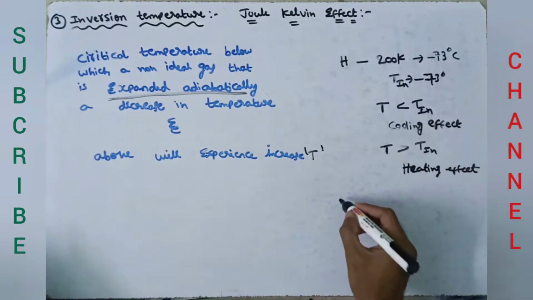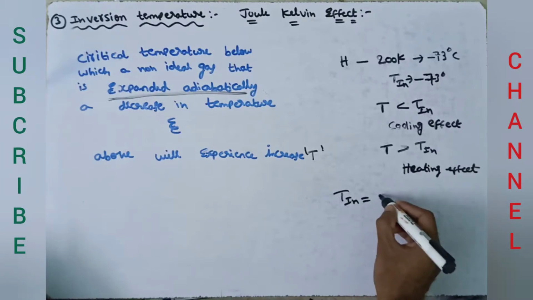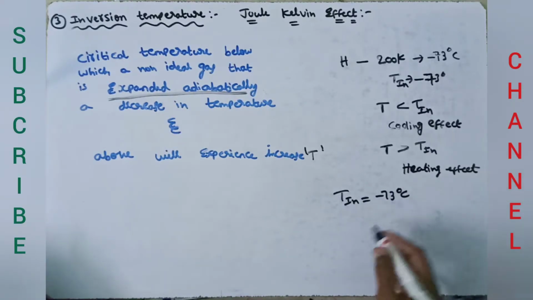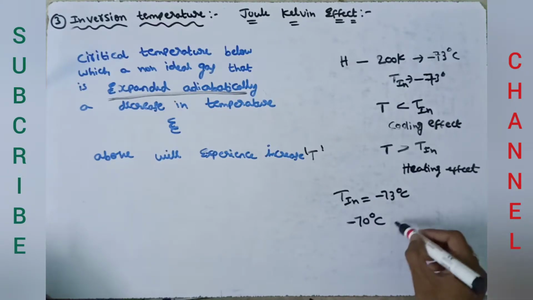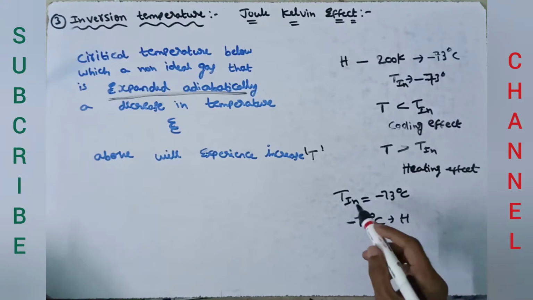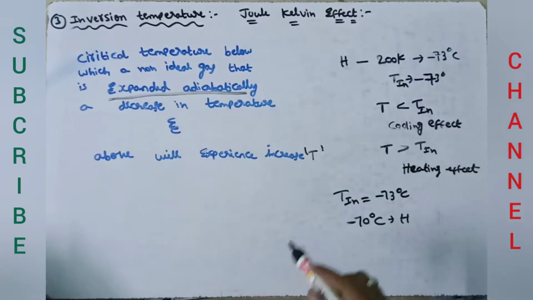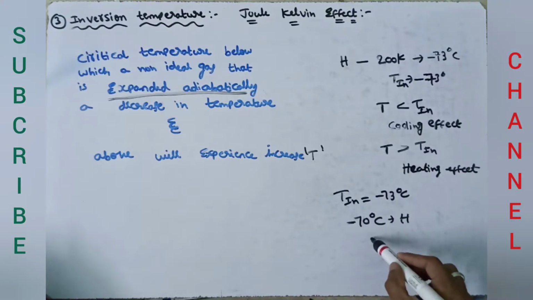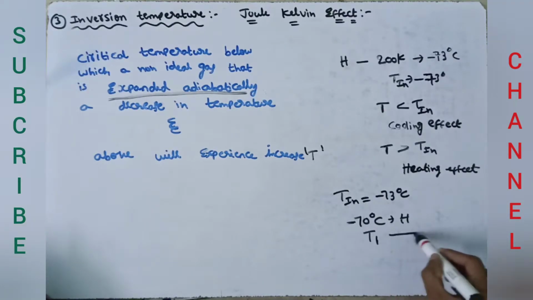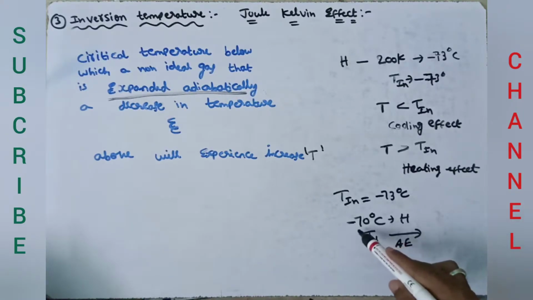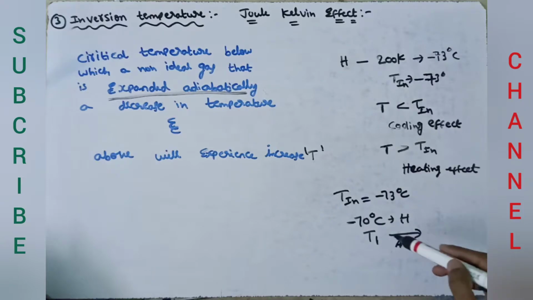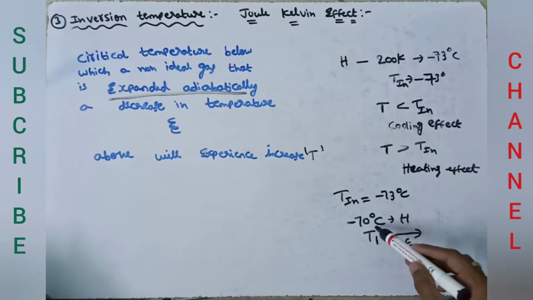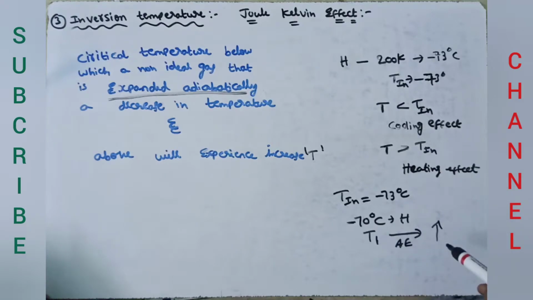For example, the inversion temperature of hydrogen gas is minus 73 degrees Celsius. If we take hydrogen gas at minus 70 degrees Celsius, with initial temperature T1, and do adiabatic expansion from constant high pressure to constant low pressure, then its temperature increases.